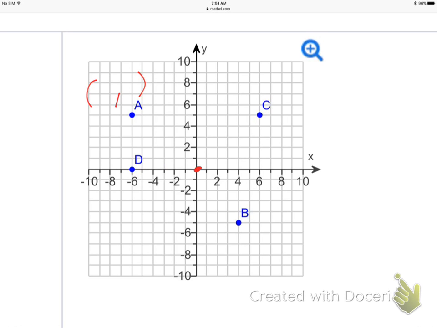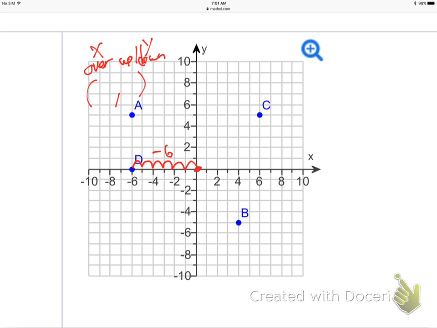So from there, remember the first number is over and the second number is up or down. The first number is an X, the second one's a Y. So from the middle, I've got to go back 1, 2, 3, 4, 5, 6. That was back 6, wasn't it? Does that make sense?